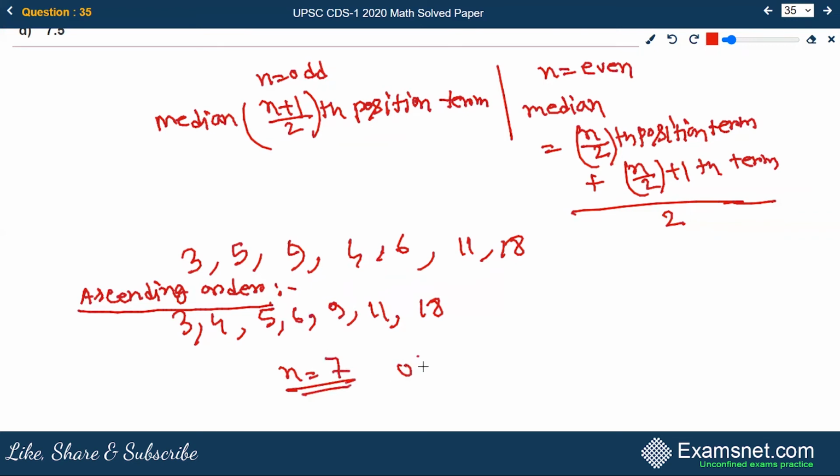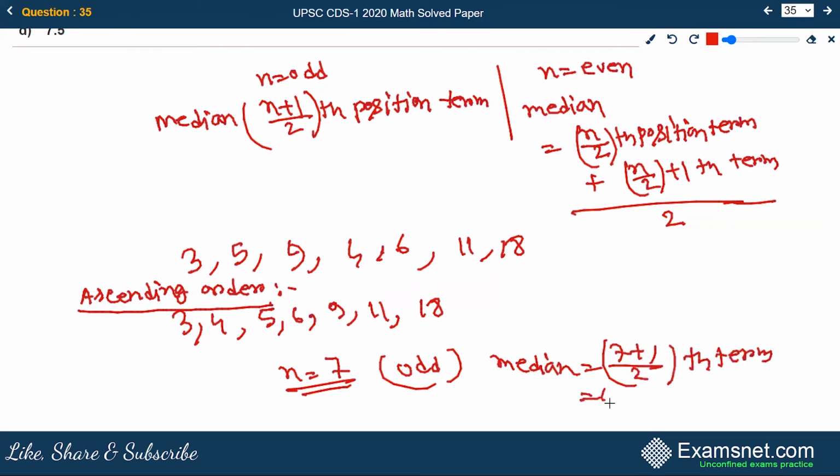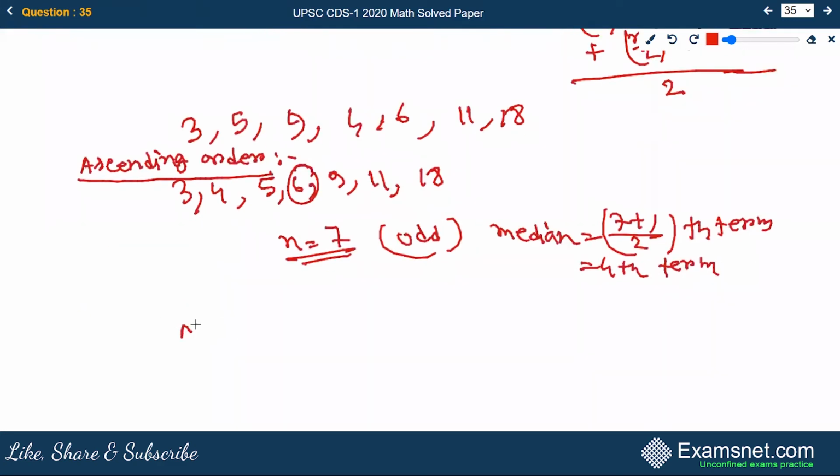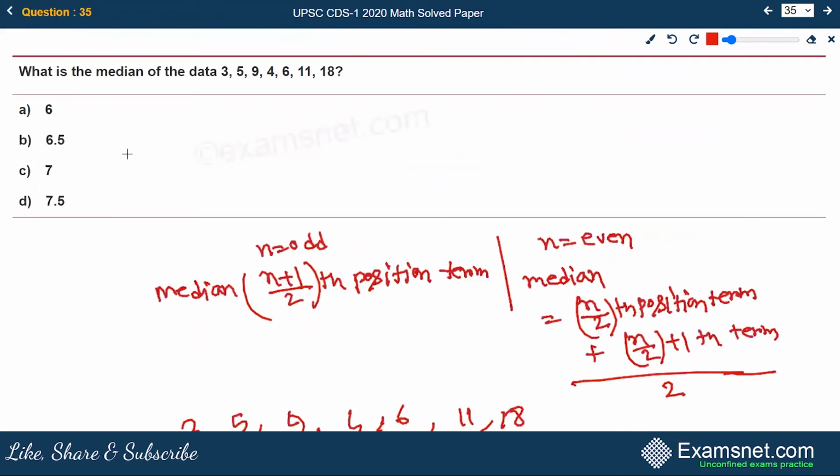So n is odd. Then the median will be 7 plus 1 by 2 term, that is fourth term. What is fourth term here? 1, 2, 3, 4. So here median is 6. 6 is the fourth term here. So option A is the correct answer, 6.